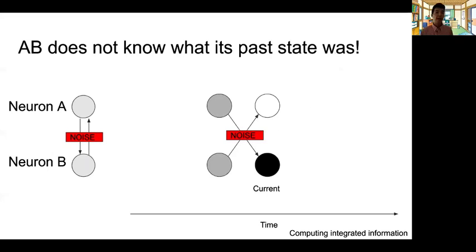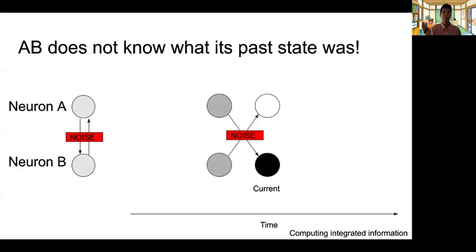The same holds for the past state. Even if the system is in an on-off state right now, it could have been off-off, on-on, off-on, or on-off, which got corrupted by the noise and came to the current state.